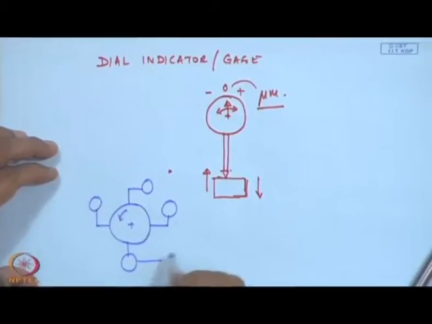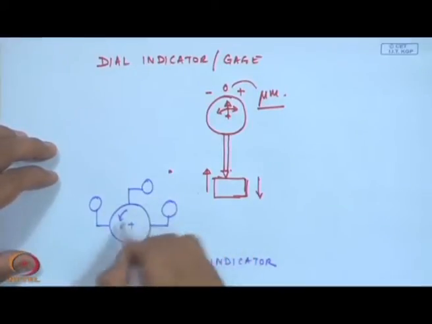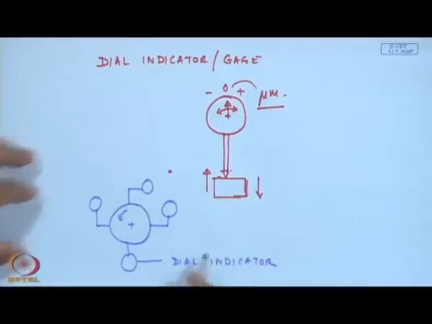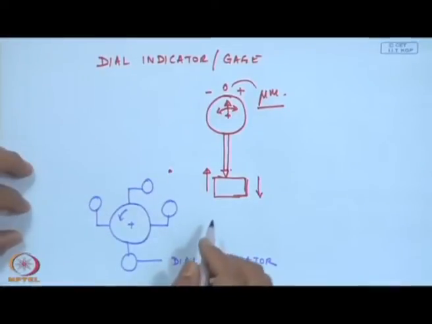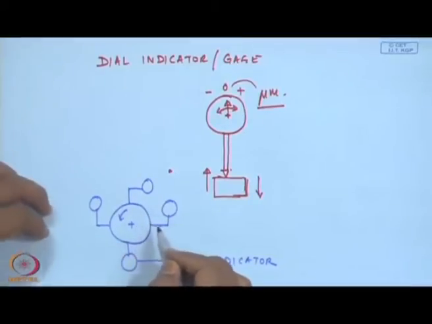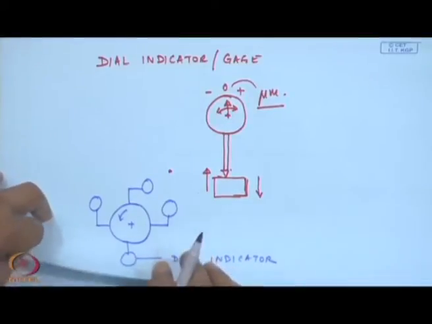This is basically the dial indicator. So, by knowing the measurements on the dial indicator at these 4 locations on the circumference, one can decide the amount of offset which has occurred, and usually these measurements are taken on the flange which is mounted on the shaft.